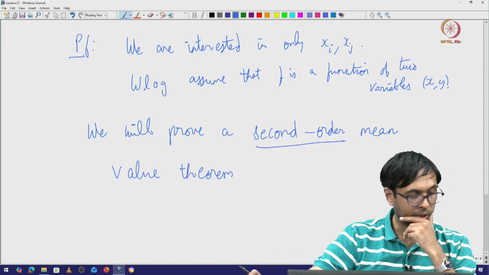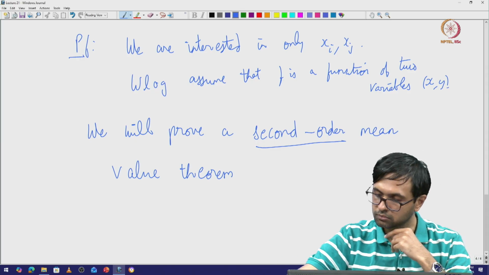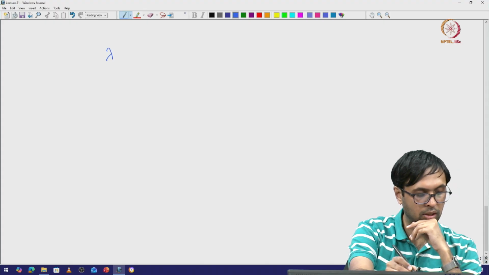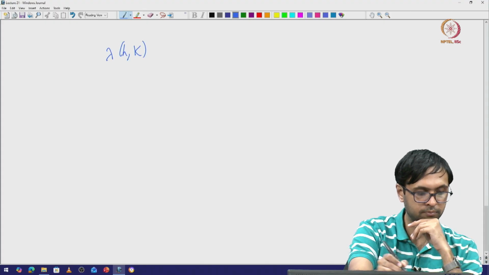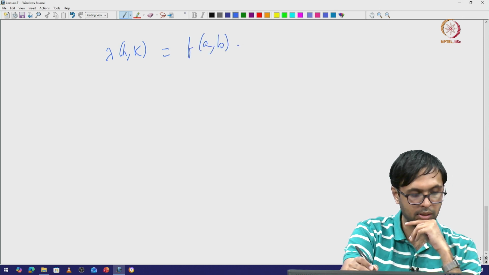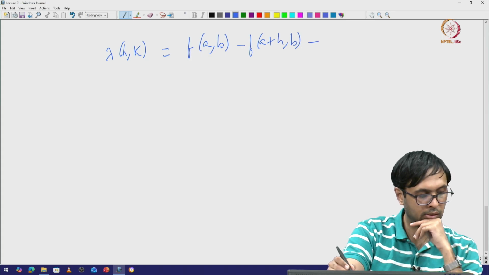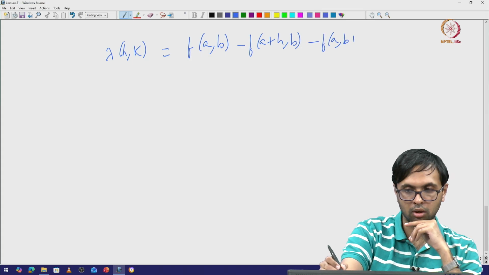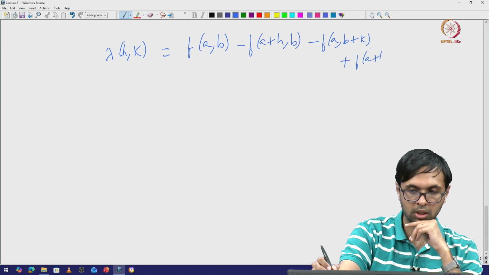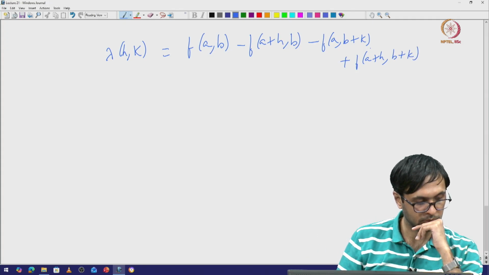So that will tell us what to do, right? So how does this work? So suppose you take lambda of h comma k, and this is f of a comma b minus f of a plus h comma b minus f of a comma b plus k plus f of a plus h comma b plus k. Okay.